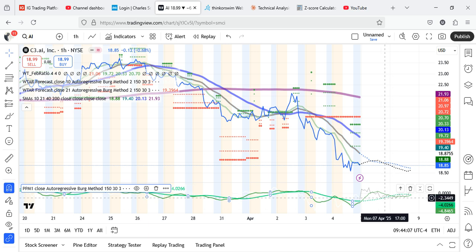Okay, this is for the 10 period moving average. It is expected to decelerate. The momentum is expected to become weak by Monday, and then after that stabilization.